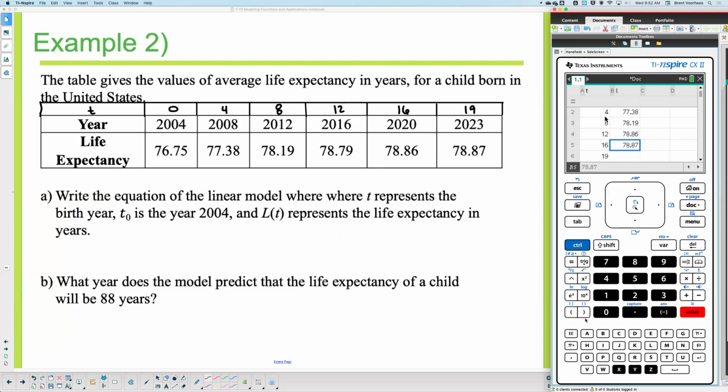I missed one. Okay, I think I got mine now. Remember, just make sure that you don't see a cursor. So you can move around your box so you don't see that cursor, and we should be ready to go.